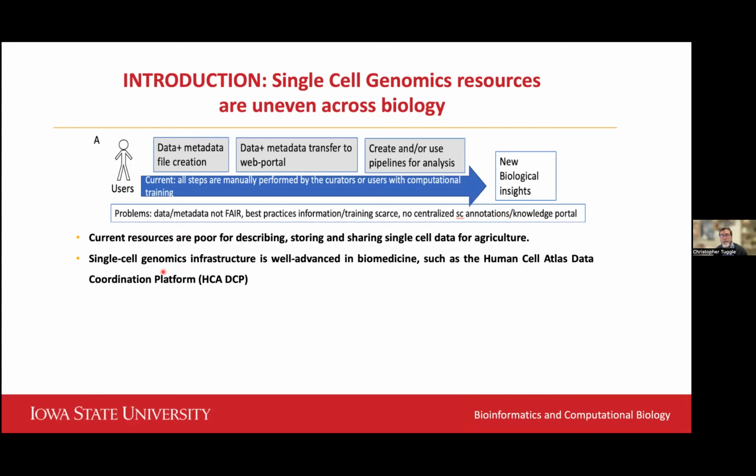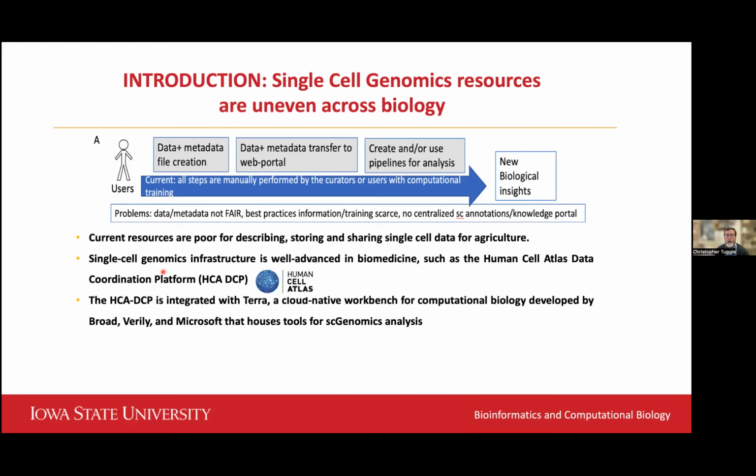I would point out the Human Cell Atlas data coordination platform as a good example of the well-developed resources in biomedicine. That's part of the Human Cell Atlas project, which is a very large and extremely well funded project. And the HCA DCP is integrated with Terra, which is also a large community and data resource.